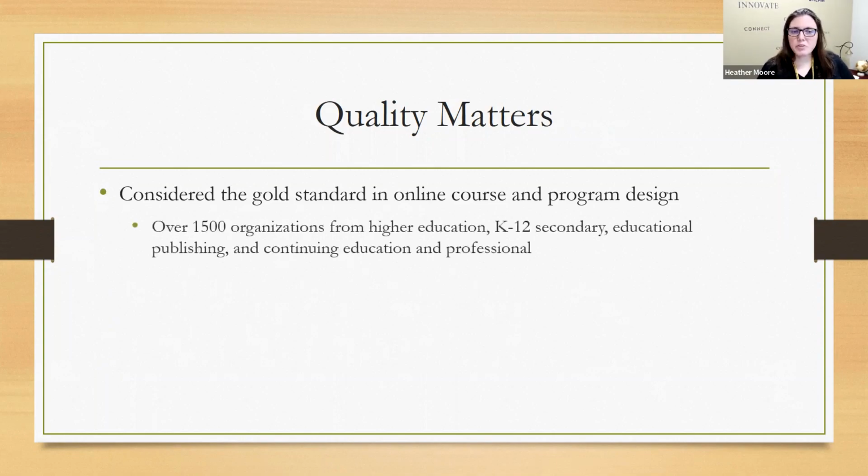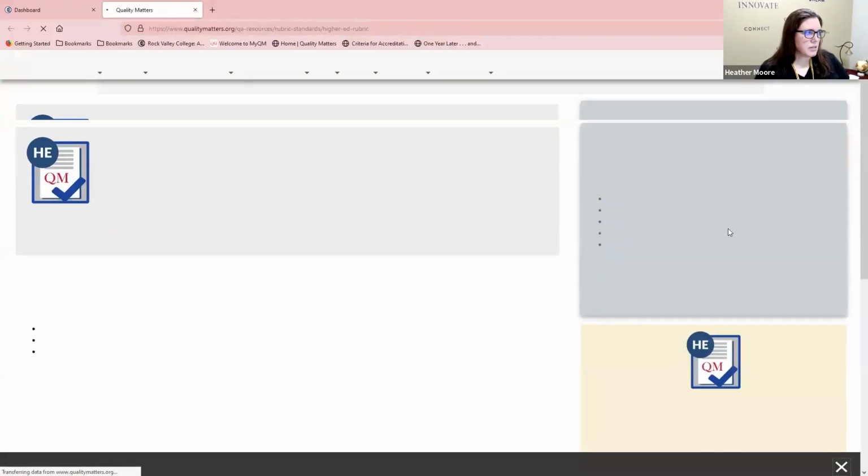There's over 1,500 organizations, but their flagship tool is the rubric, which they use to review courses and then also certify online courses as being QM certified. It is available for free online. And if you become a member, there's a much more robust, fully annotated rubric. So I just wanted to show that quickly.